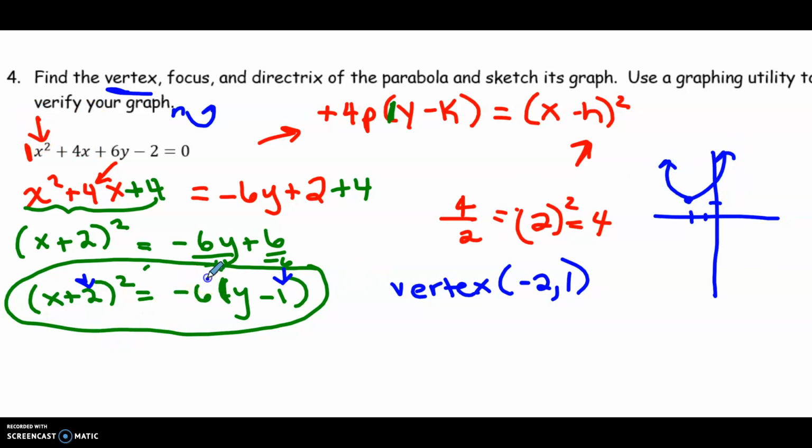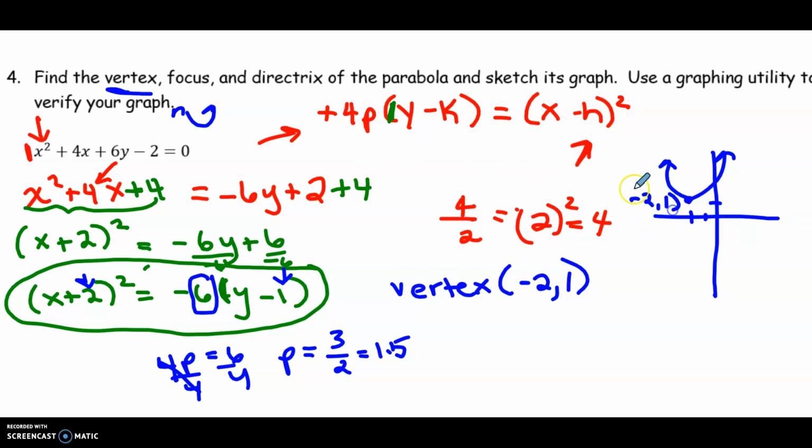So my p-value is represented here. You need to take 4p and set it equal to 6. Divide by 4, divide by 4. I get p is equal to 3/2, which is 1.5, correct? So that's the same thing as 1.5. So if I want to find my focus, I'm going to keep negative 2 the same from my vertex, right? Because I'm staying there, and I'm going up 1.5.